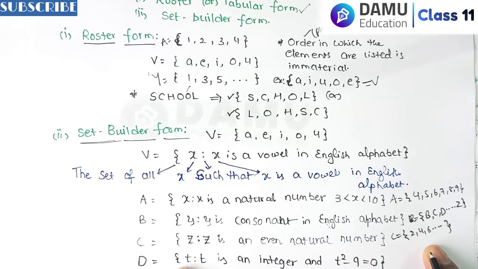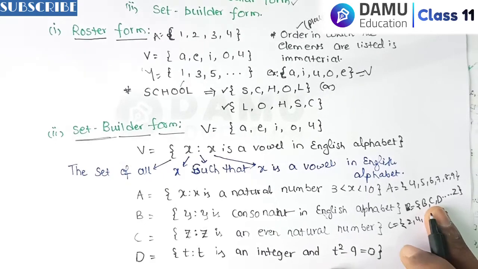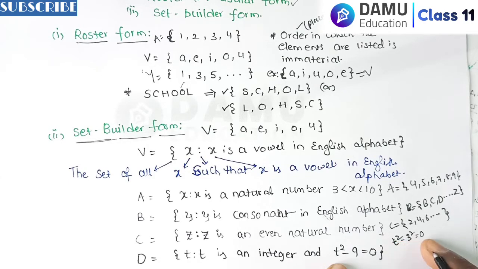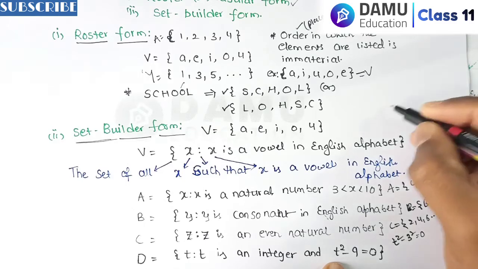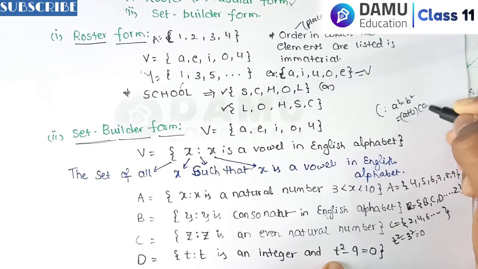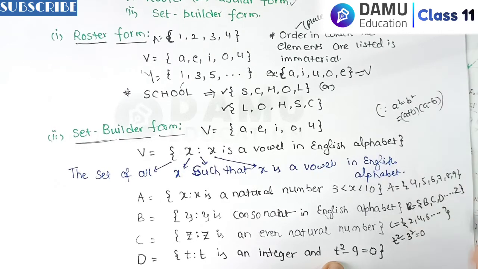So here the set of all t such that t is an integer, t square minus 9 is equal to 0. So for this, t square and 3 square, which you can write in this format. So what is the roster form for this? 9 is 3 square. So a square minus b square is (a plus b) into (a minus b).